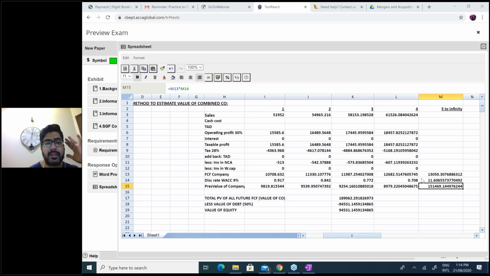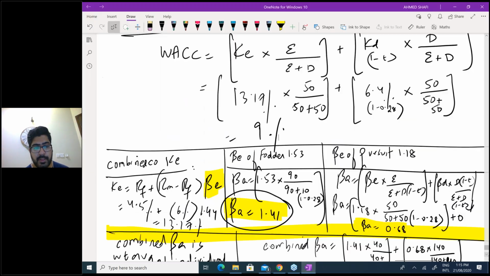So you should place the denominator in brackets. Troy, this is the combined beta asset working for you.